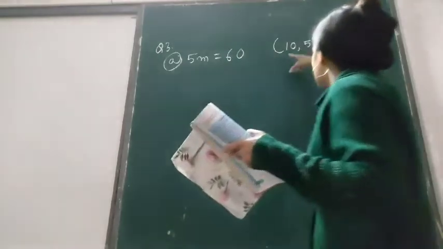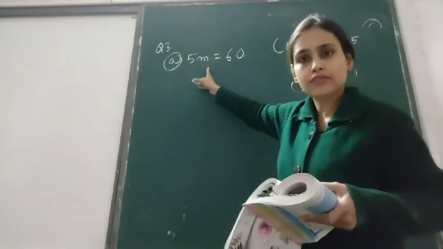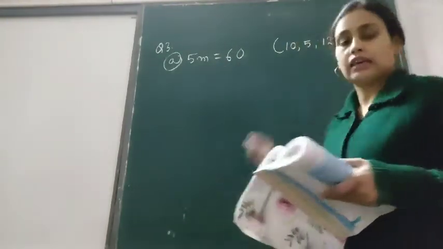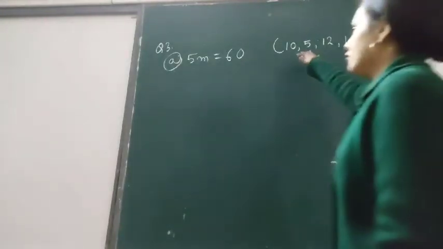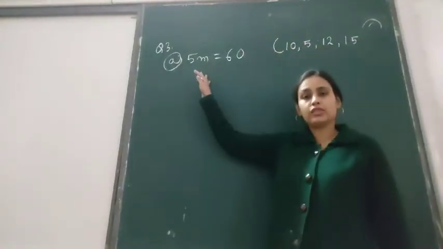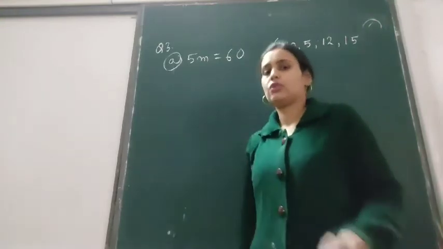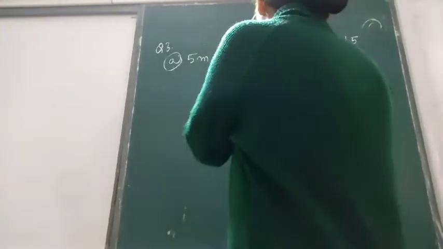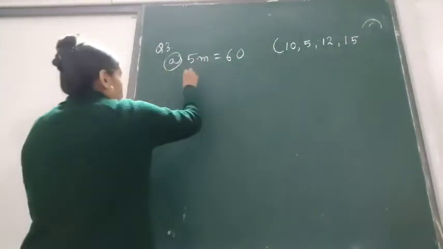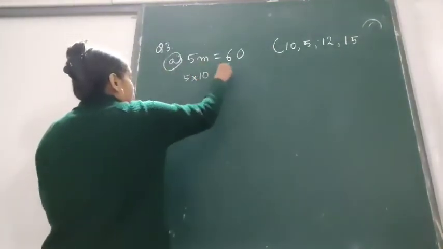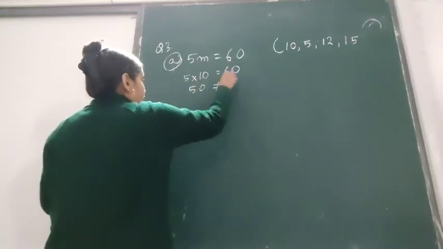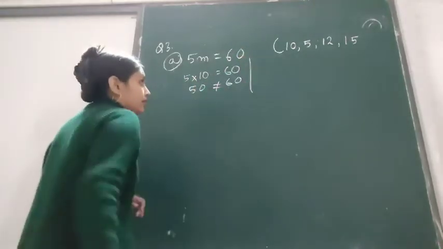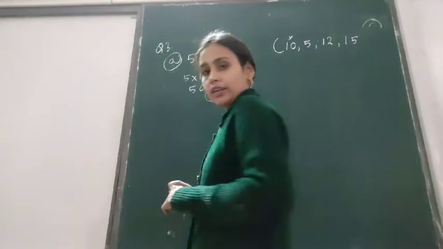So we put these as the values of n and we see which condition is satisfying, which value is satisfying the equation. Okay, so let's start. First we put 10. So 5 into 10 is equal to 60? 50 is not equal to 60. That means this is not the value.